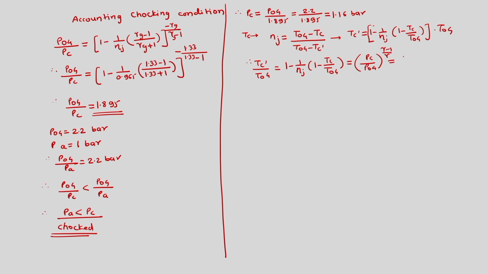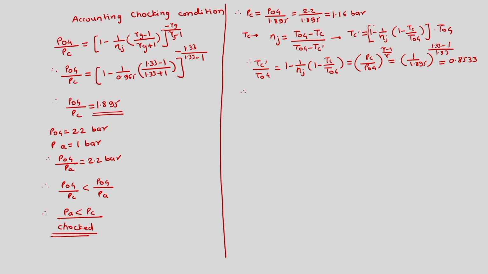This is for gases, so this is 1 upon 1.895 bracket raised to 1.33 minus 1 divided by 1.33, and this comes to be 0.8533.